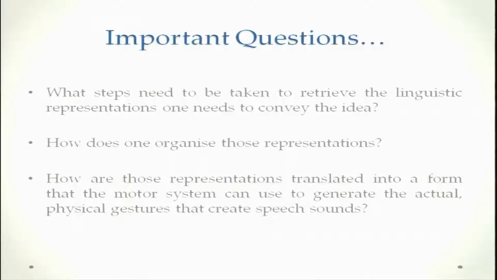Once you have these two things, you have to also convert this into a form that the motor system can use. Speech is a motor act. Speech is basically done by your vocal cords, by your lips, your teeth and your tongue. From that idea, you're standing on a terrace looking down on the mountains, the snow is falling and the clouds are below you, from there to how do you start moving these muscles?